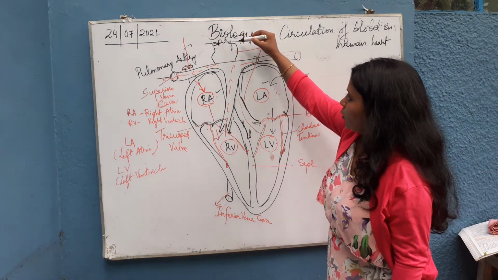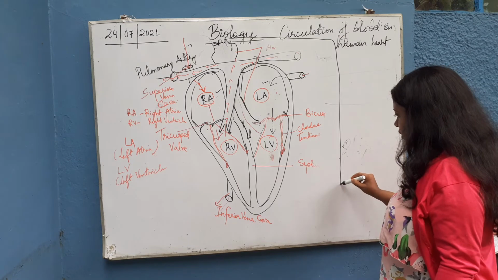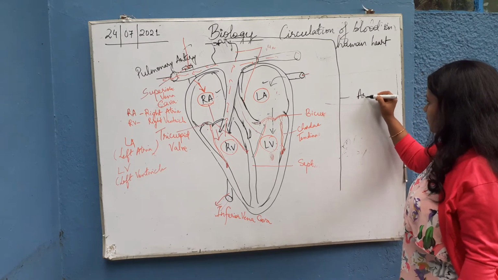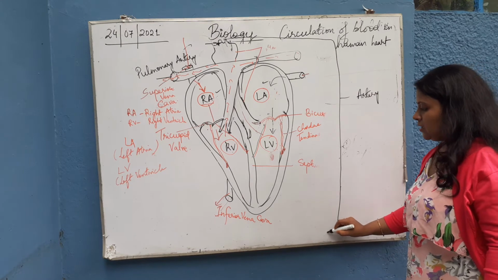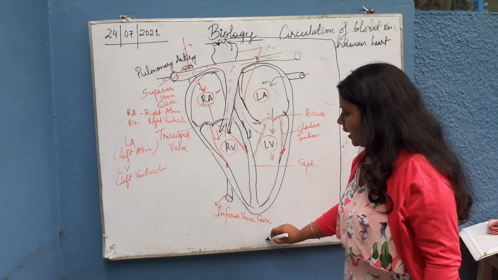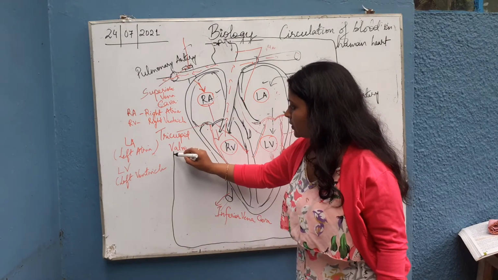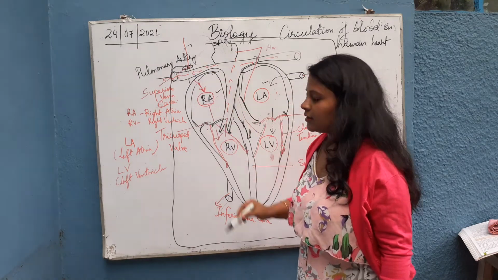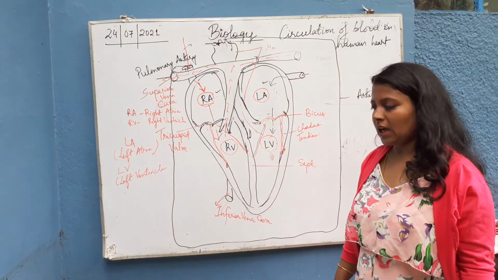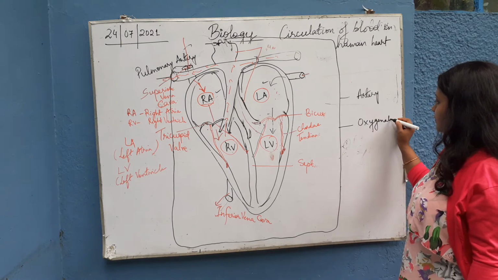This blood from the aorta will come through arteries. Through arteries, it will enter respective organs like kidney, stomach, intestine, all this, and it will go back to the heart. Okay, it goes back to the heart through the superior and inferior vena cava. So here we can say the oxygenated blood.